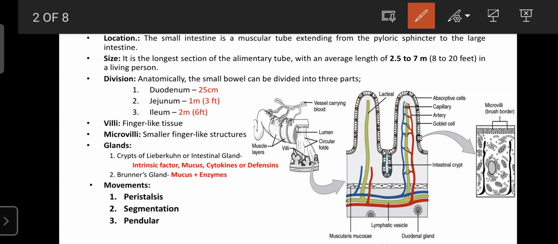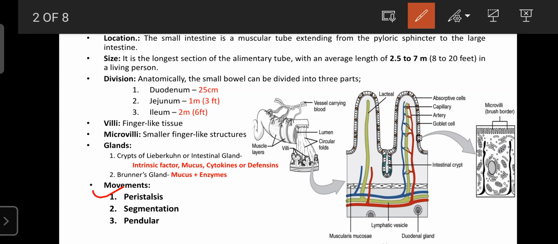The digestive juice is mixed with the food, and only then does digestion occur. That mixing is due to these movements. So the small intestine mainly consists of three movements. One is the peristalsis movement.